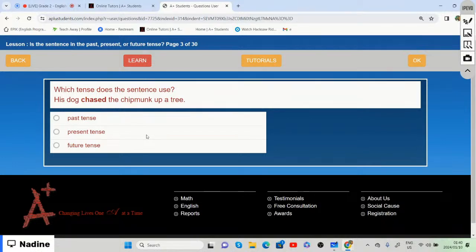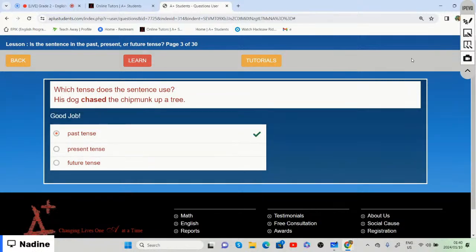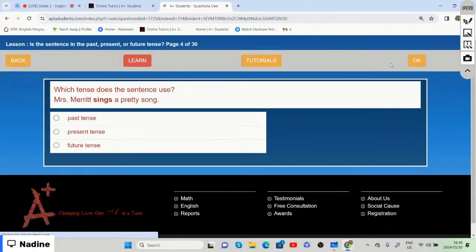All right, so if we look at the word chased, then we can say this is in the past tense, because his dog chased, which means that it happened already. Chased the chipmunk up the tree. And it is in the past, which is the past tense.